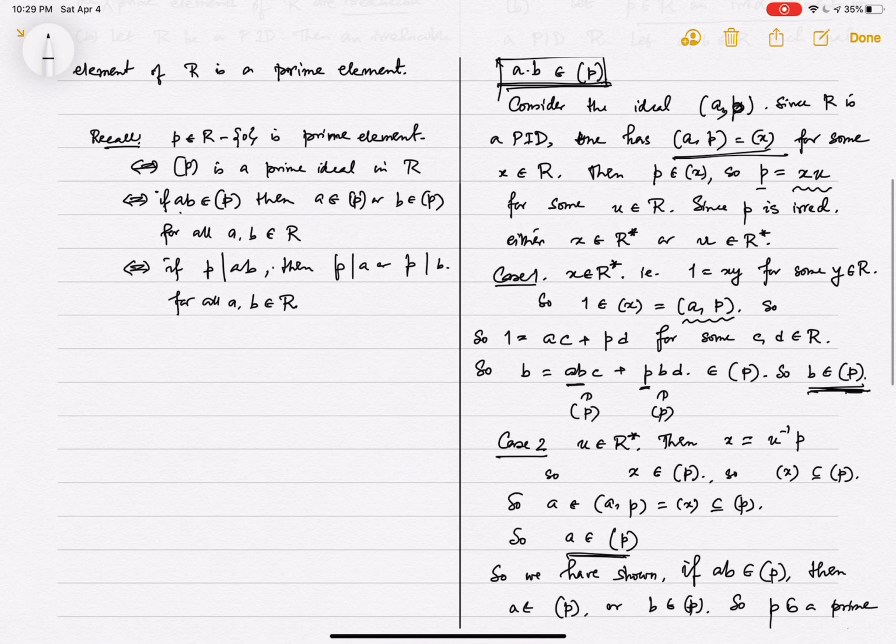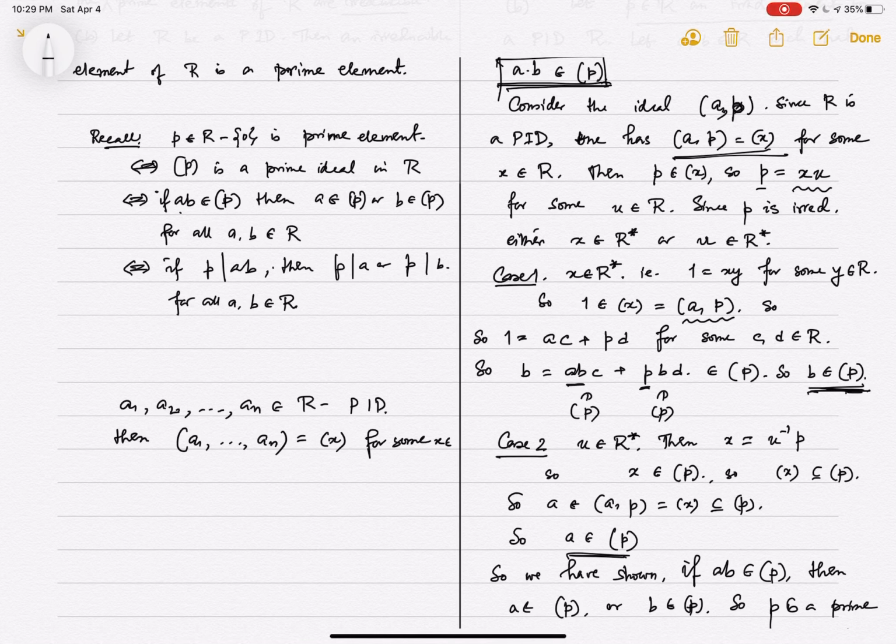If you are in a PID and if I give you A1, A2, ..., AN in R, which is a PID, then the ideal generated by them has a generator X in R. We say that this X is the GCD of A1, A2, ..., AN. Note that this is only defined up to unit.